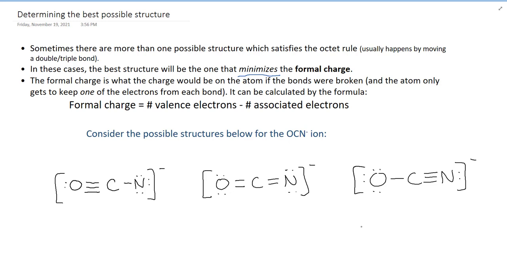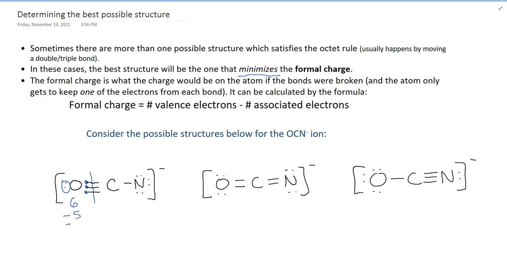So let's go ahead and figure out what the formal charges are here. On the oxygen atom for the first structure, oxygen starts with 6 valence electrons because it is in group 6. If I broke all of its bonds and it only got to keep 1 electron per bond, it would have 3 plus 2, or 5 associated electrons.